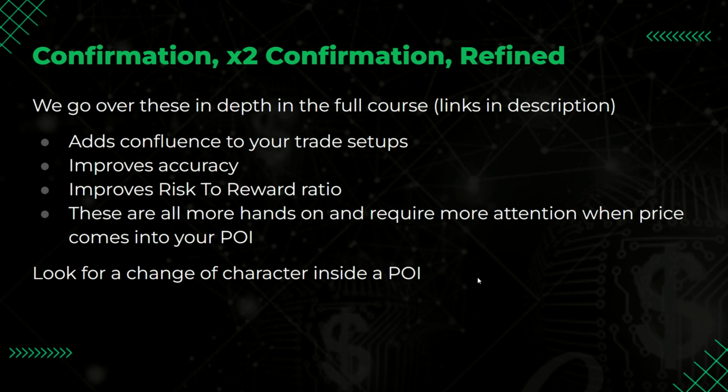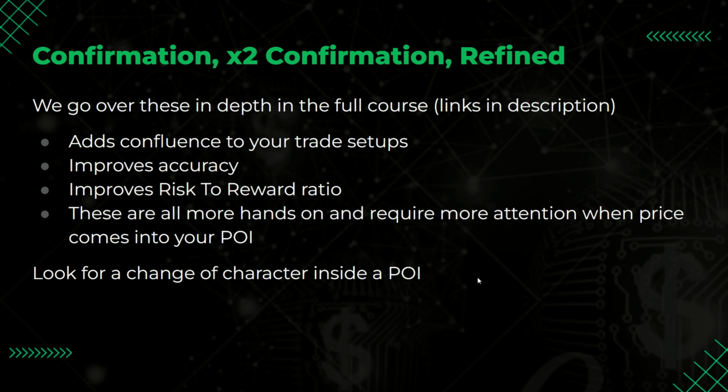And you can do this on a lower time frame, or you can do this on the same time frame and look for all of the stuff in this course that we're going over in and around your POI. And so that brings us to confirmation and double confirmation and refined entries.